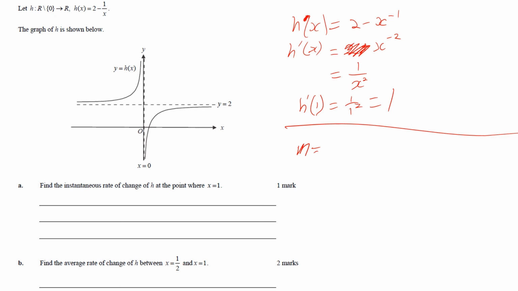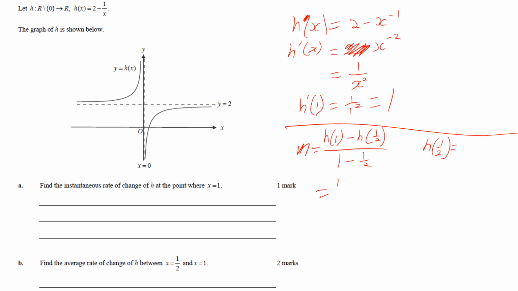Rise over run, well, I'm finishing at h of 1. I'm starting at h of 1 half. And I'm starting at 1, I'm finishing at 1 half in x. So h of 1 is 2 minus 1 is 1. And then h of 1 half, I'll just do that over to the side here.